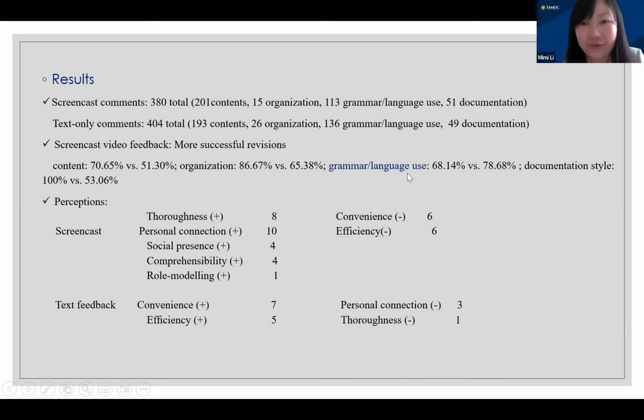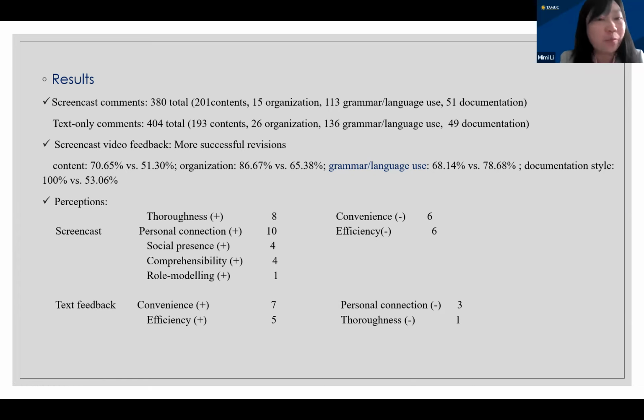However, interestingly, we found the students found the text-only comments more helpful for revising their grammar and language use, right? So again, there are some advantages and disadvantages of the 2 different modes of feedback. We definitely want to have a good balance and judge from the students' styles, the course goals, as well as the students' expectations.